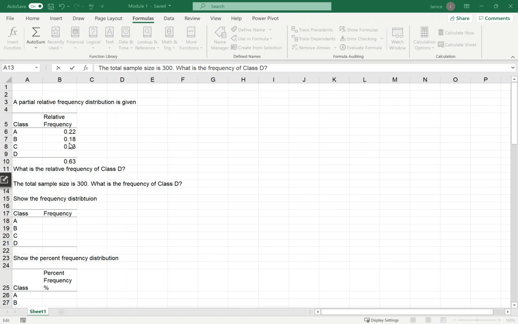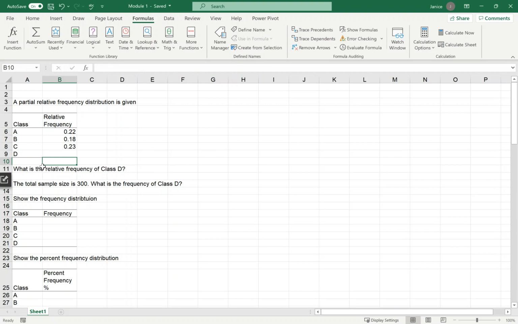So first we're asked to look at this partial relative distribution, and it wants us to determine what is the relative frequency of class D. Well, the total of A, B, C, and D must equal 1 because we're looking at these percentages.